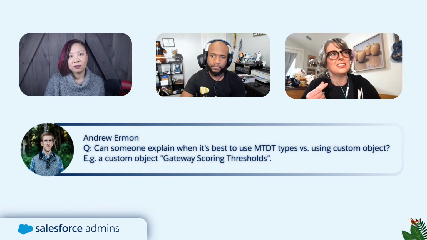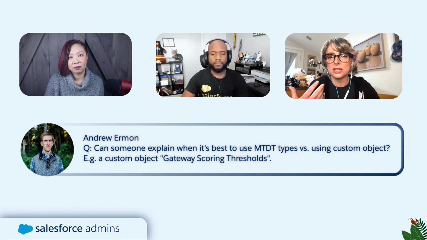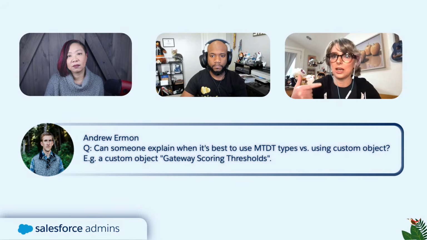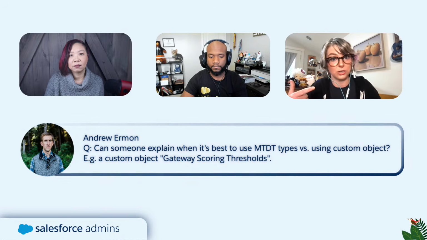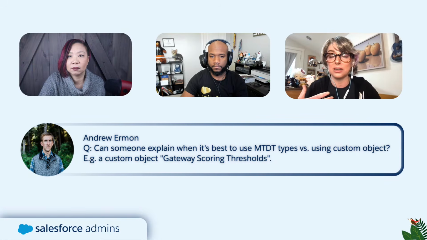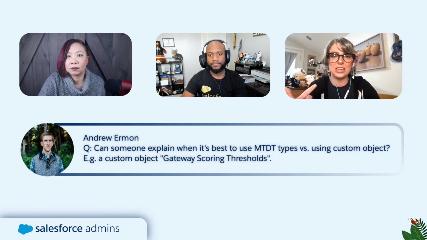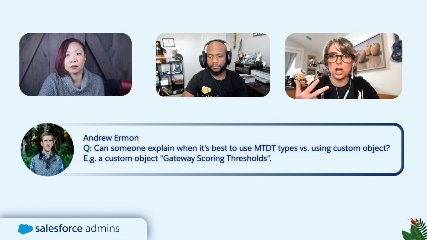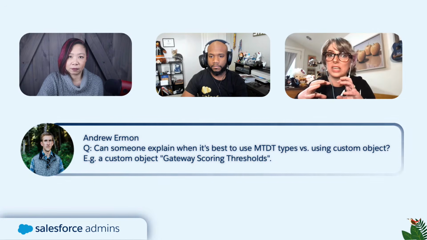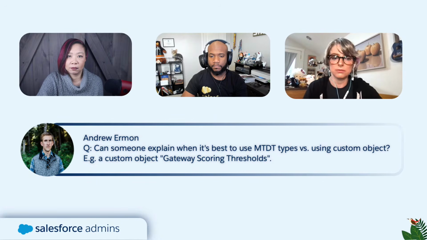So in this case, maybe it's okay that an admin has to update that because it's not a big lift. But if you have a use case where that data is changing and being updated on a regular basis, maybe you do want your users to be the ones that are in charge of making sure that that's up to date, in which case, yeah, custom object. I think it's going to depend upon the cadence, how savvy your users are. You really got to dial in and not only know the business case, but who are the people interacting with it too.